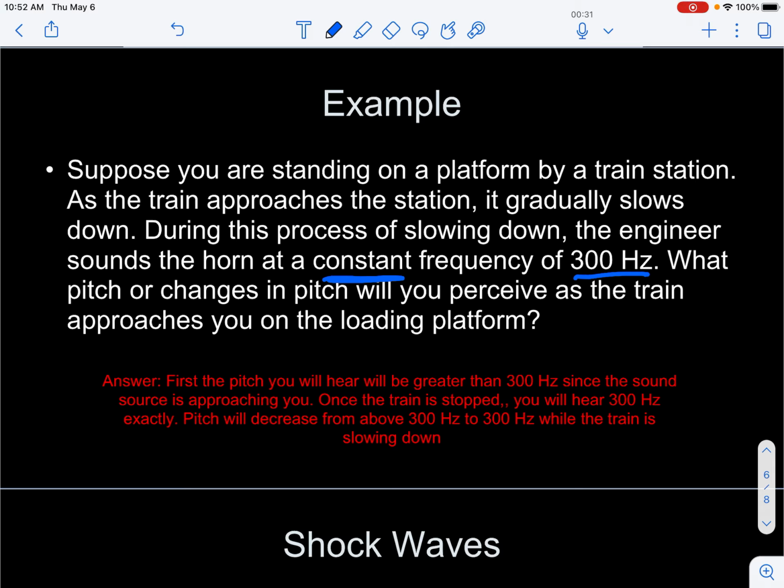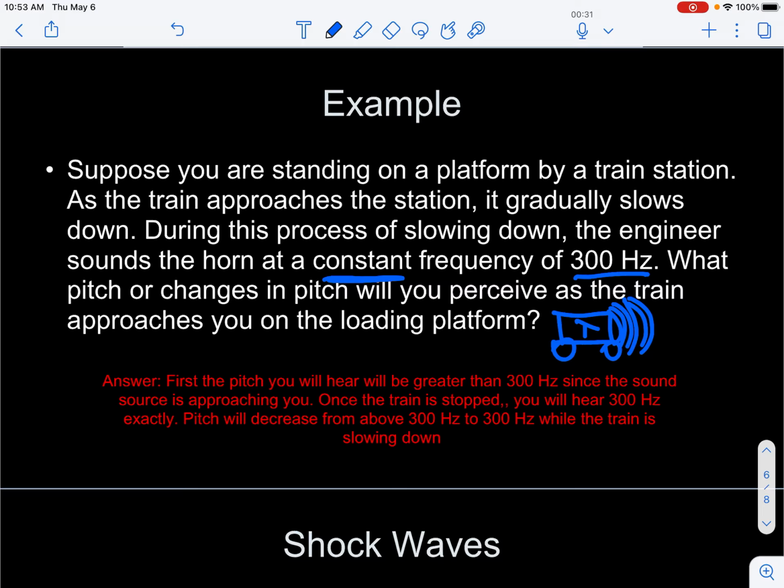All right, so please excuse my drawings. First of all, we've got the train. This is my train. There we go. This train is approaching us. So even though it's slowing down, it's still approaching us. As it's approaching us, those waves get closer and closer together. So the frequency is going up.